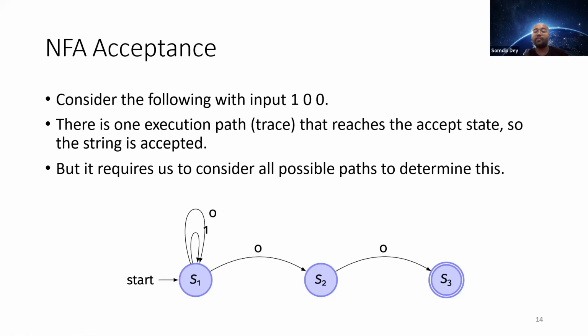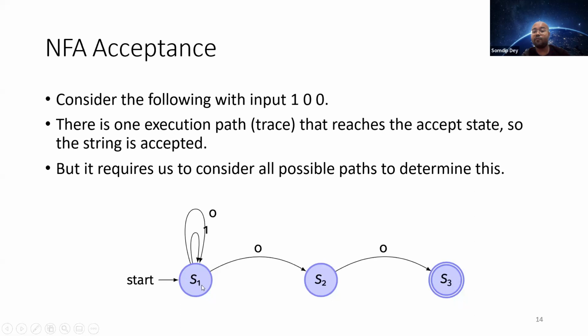Now, based on this finite automata, if we consider the input string as 1, 0, 0: if we start from the start state and have 1, then it remains in the same state S1. Then the second is the 0 from the input string.